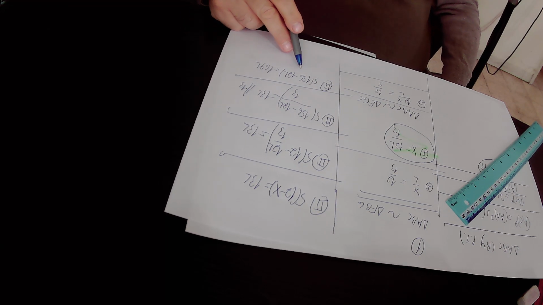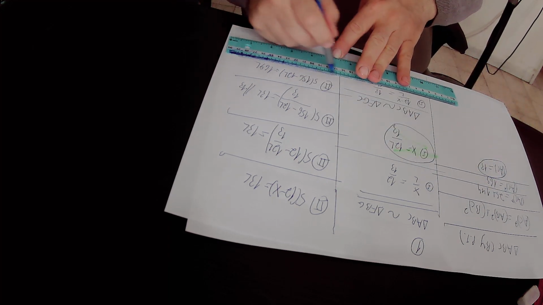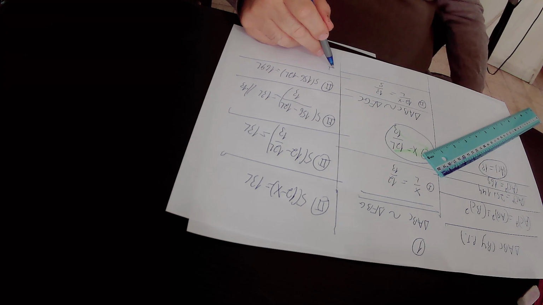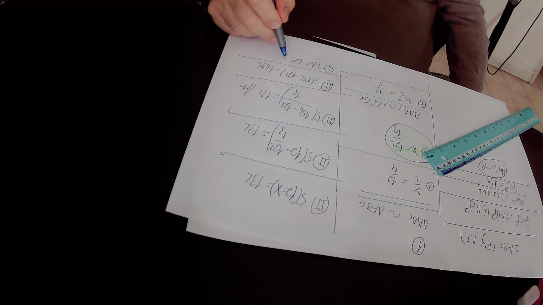Here we open the brackets on this side of equation 2. 5 times 156 is 780. 5 times minus 12L is minus 60L. This is equal to 169L.